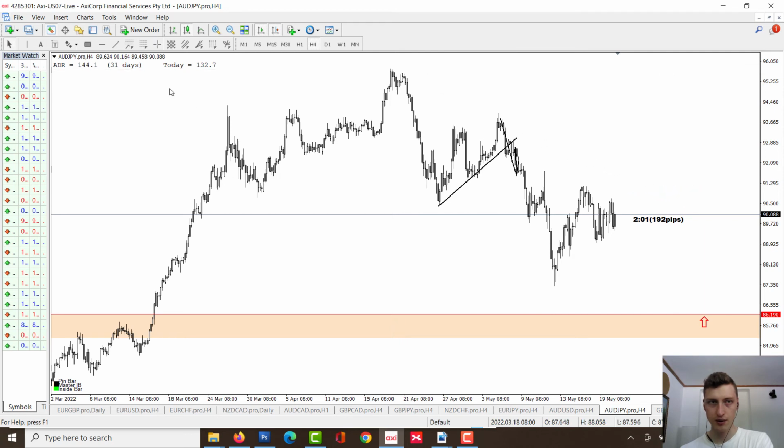But you can wait for the trend line on the Aussie yen to be hit, and then for price to fall down, because these structures act as magnets. Price loves to touch them. And there's a path to these structures, and if you can get into this movement before the structure is being hit, that's a good opportunity.